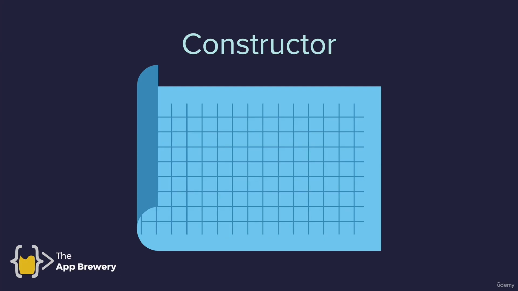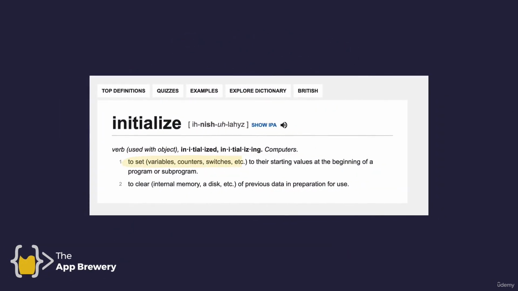Now, in order to do this, we have to understand something called a constructor, which is a part of the blueprint that allows us to specify what should happen when our object is being constructed. And this is also known in programming as initializing an object. When the object is being initialized, we can set variables or counters to their starting values.